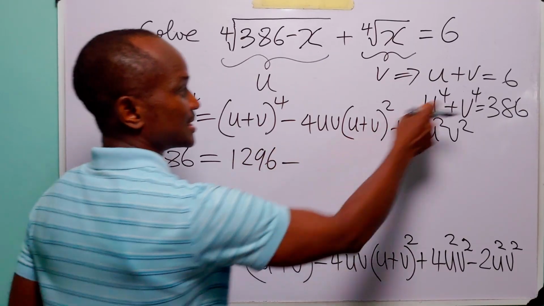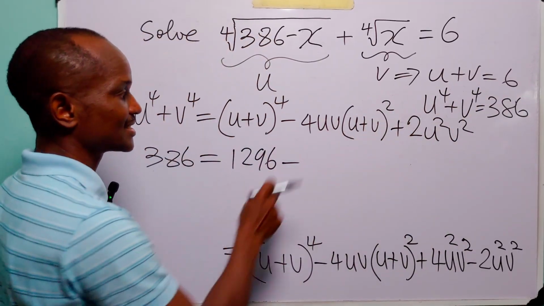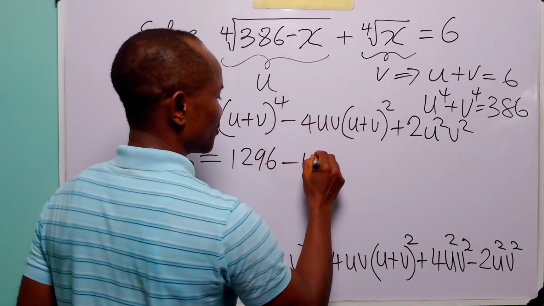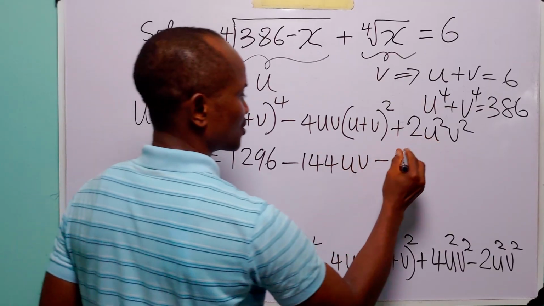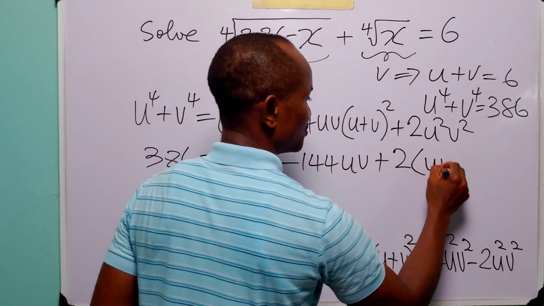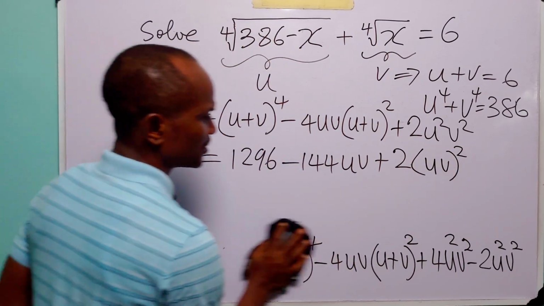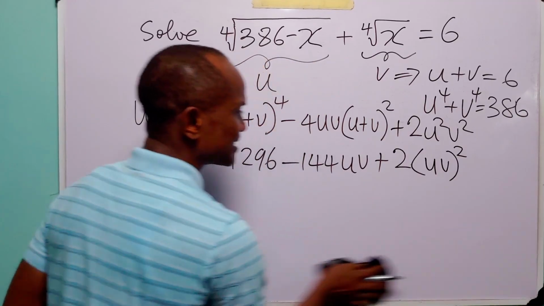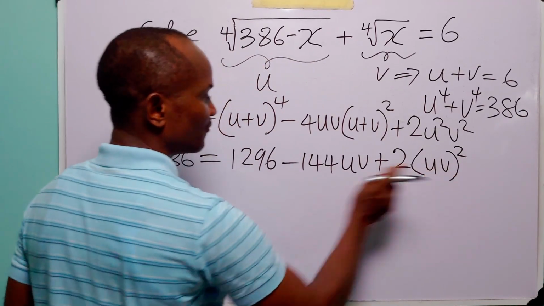U plus v is equal to 6. 6 squared is 36 times 4. That is 144 uv. And of course, we can write this as 2 times uv squared. Now, when you look at this equation, you will immediately see that we have a quadratic equation in uv.